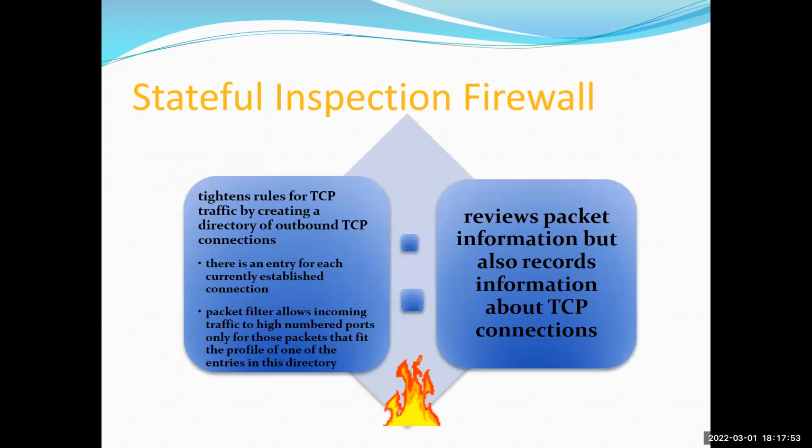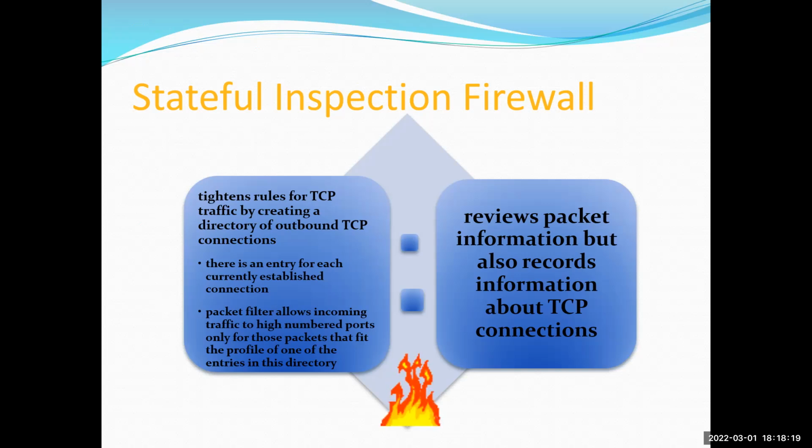So now you do have another, more advanced thing called a stateful inspection firewall. This tightens rules for TCP traffic by creating a directory of outbound TCP connections. So there's an entry for each currently established connection. Okay, the packet filter allows incoming traffic to high-numbered ports only for those packets that fit the profile of one of the entries in the directory.